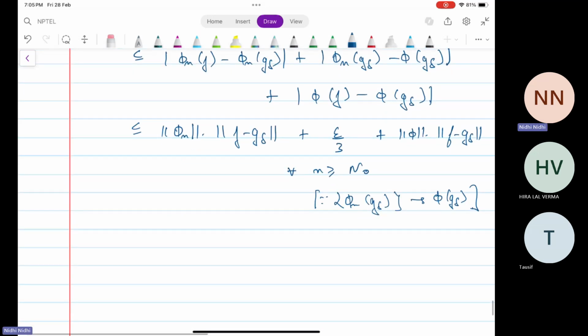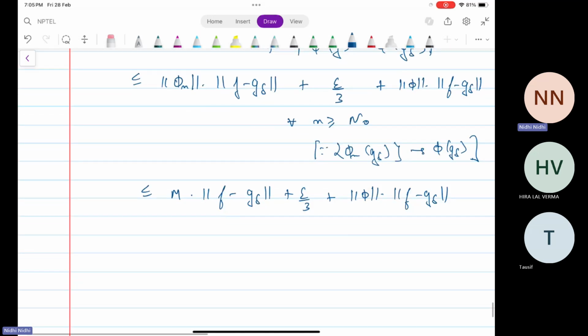Okay, now this norm phi n is less than or equal to M by hash, and this is norm f minus g delta plus epsilon by 3 plus norm phi times norm f minus g delta.